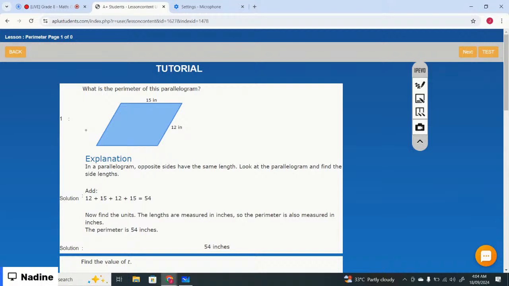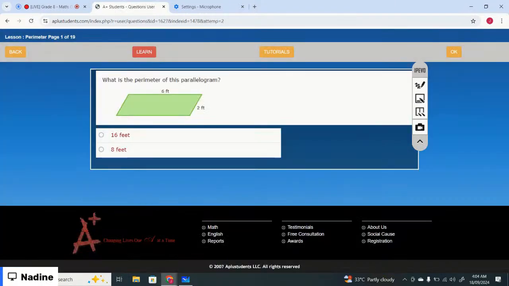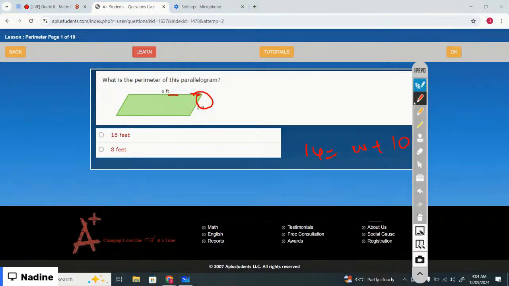Okay, let's just start with the test questions. What is the perimeter of the parallelogram? You need to add all the side lengths, right? Opposite sides have equal length, so this is 2, this is 2, this is 6, this is 6.